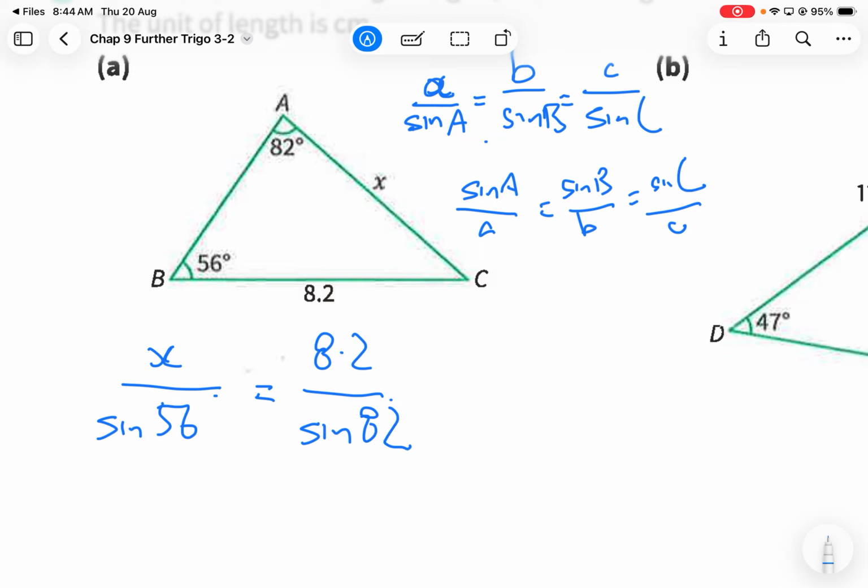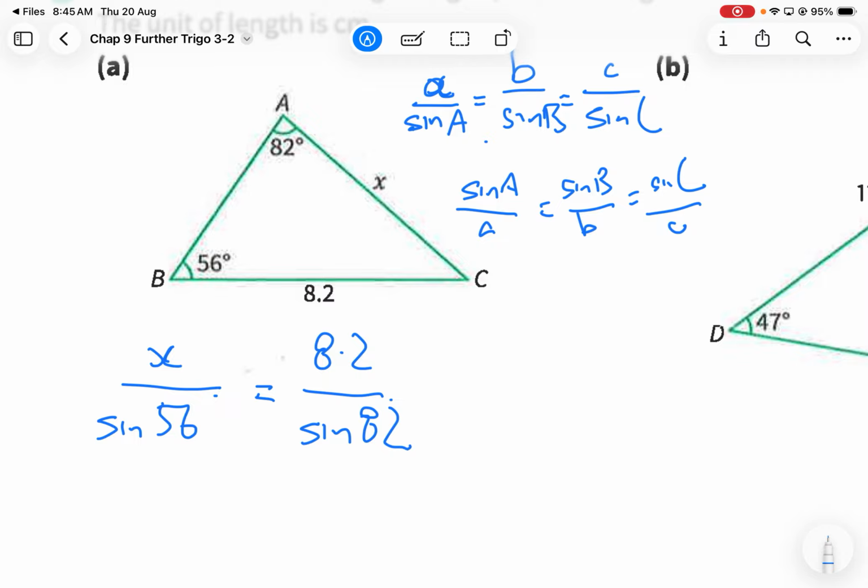Your sine rule talks about all three pairs, 1, 2, 3. But we will only be using 2 of them at any time to form an equation. There are 3 angles and 3 sides in a triangle, but at any time we will only be looking at 2 of them. In this case, I want to use this known pair to find this pair. That is the idea of sine rule.